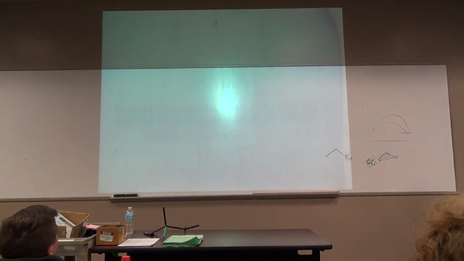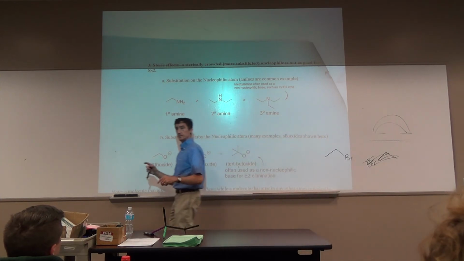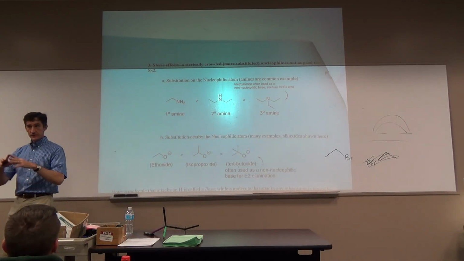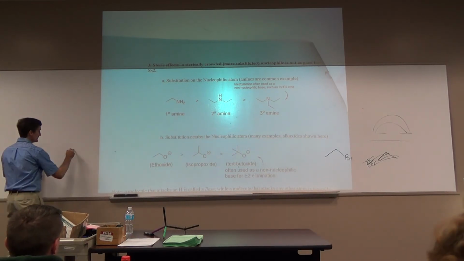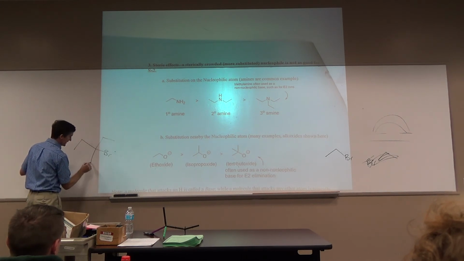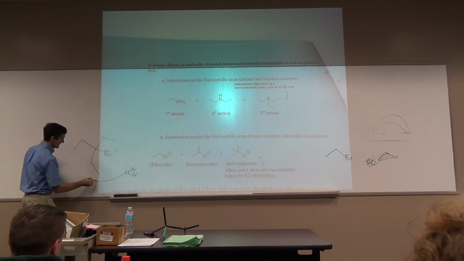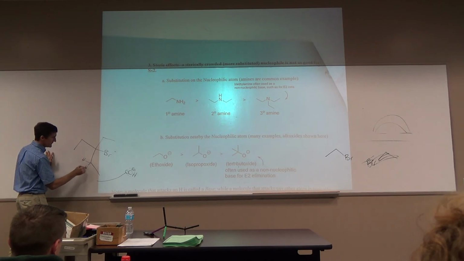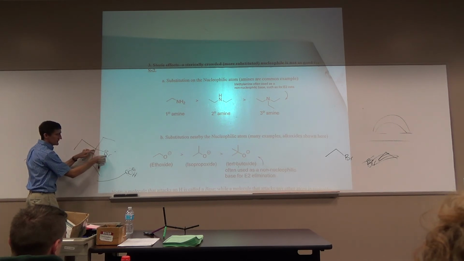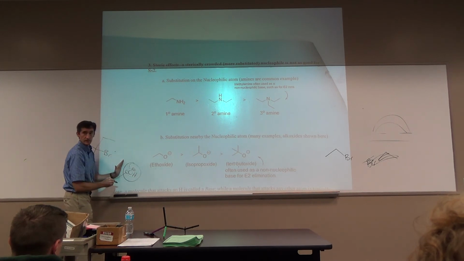But sterics are important. Remember the sterics around the thing with the leaving group? If you got sterics around here that the nucleophile can't get in, there's H's here. Remember all this? This was sterics on the thing with the leaving group. What about sterics on the nucleophile?